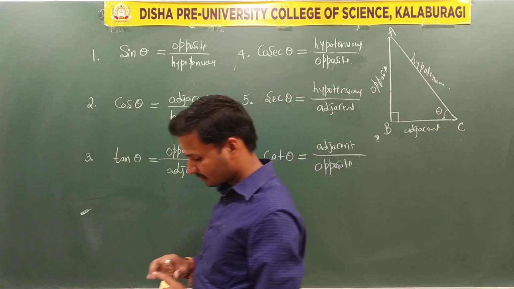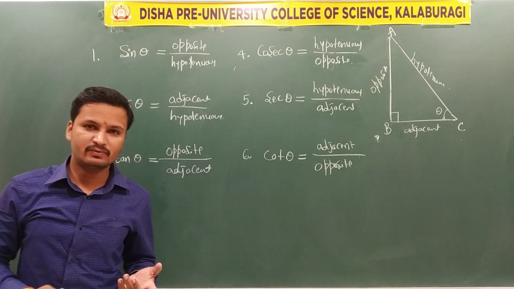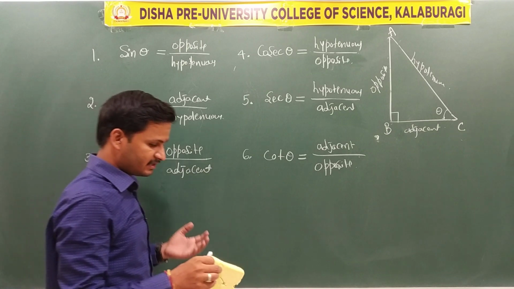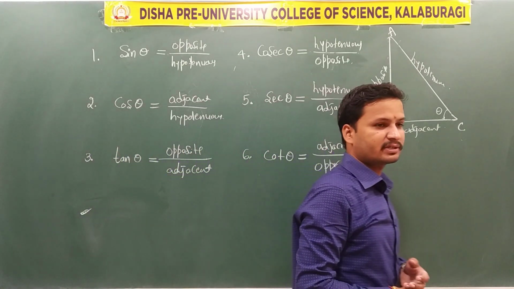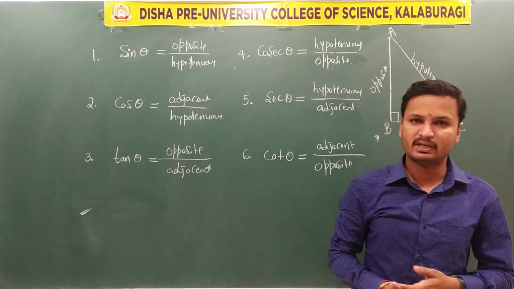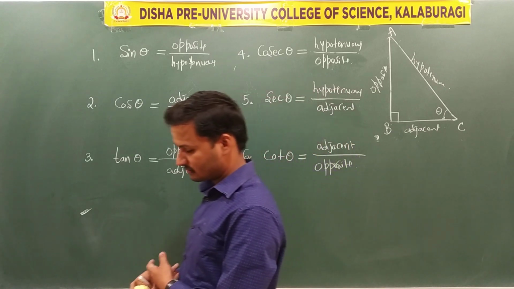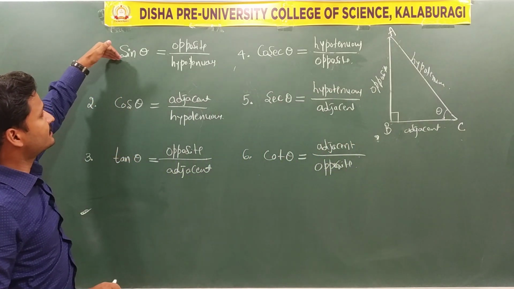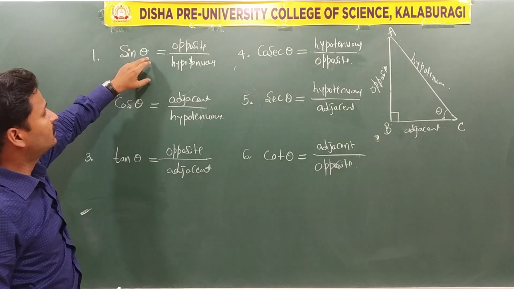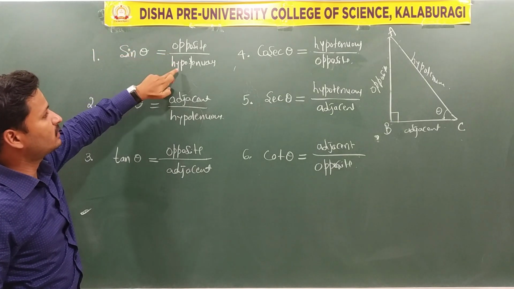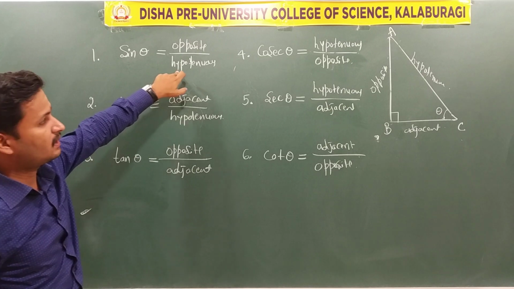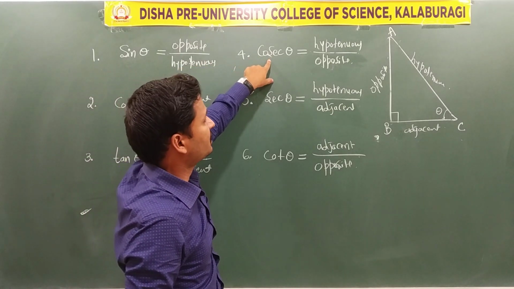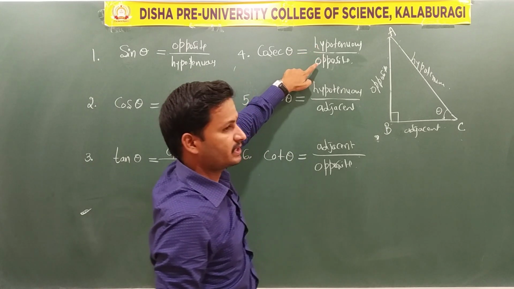From these definitions, we will come to one conclusion, a relation between these six trigonometric functions. See, here sine theta is the ratio of opposite to the hypotenuse, and cosecant theta is the ratio of hypotenuse to the opposite.